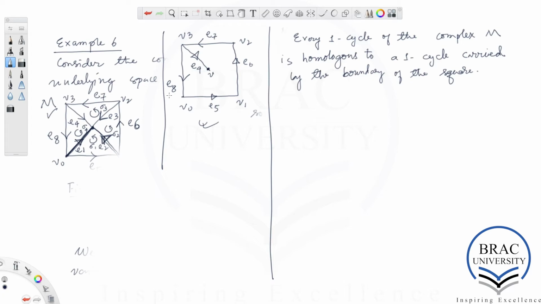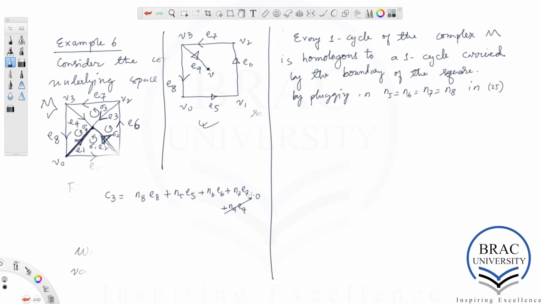By plugging in N5 equal to N6 equal to N7 equal to N8 in equation 25, let me write equation 25 again, which was the generic expression of this one chain: N8 E8 plus N5 E5 plus N6 E6 plus N7 E7 plus N4 E4.